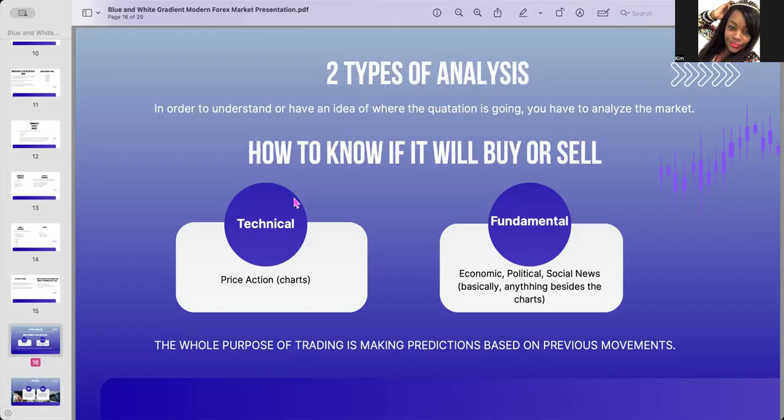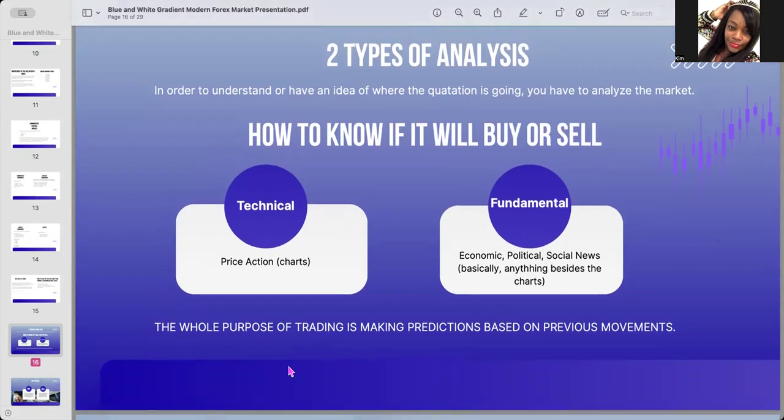So you have the technicals, which I mentioned, and then you have the fundamentals. The technicals are the price action or the charts that I showed. The fundamentals is when there's economic, political, social news, anything besides the chart.